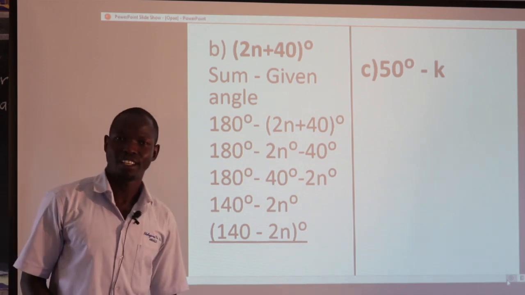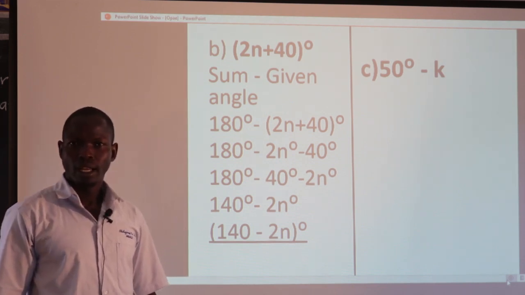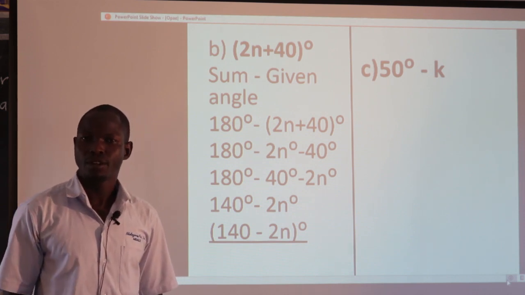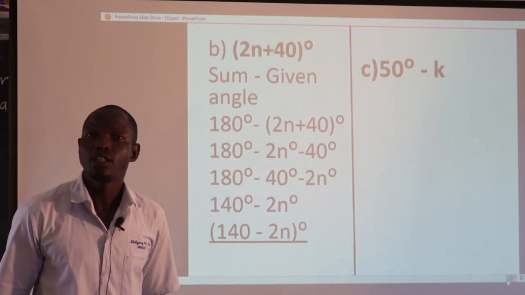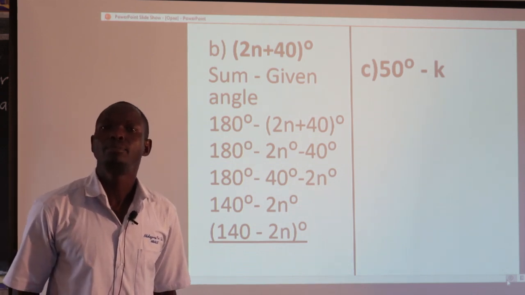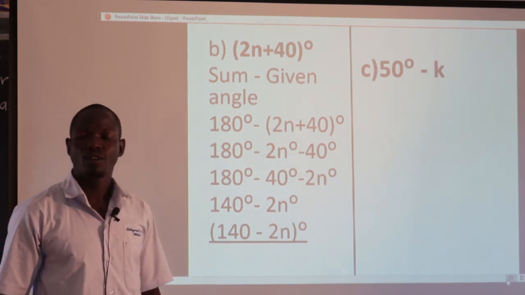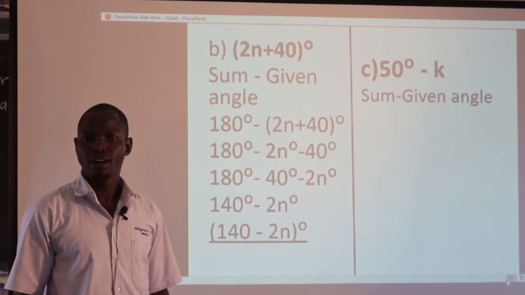A degree, as you can see from there. Now, still in algebra, anything that has a letter and a number together we call an expression. And whenever we are subtracting an expression, you must introduce brackets. You must put brackets. That's why, for such an angle, we shall say the sum minus the given angle.